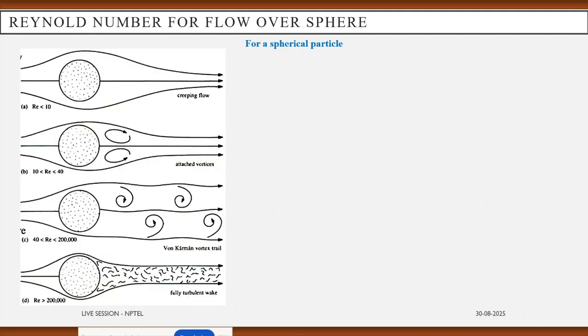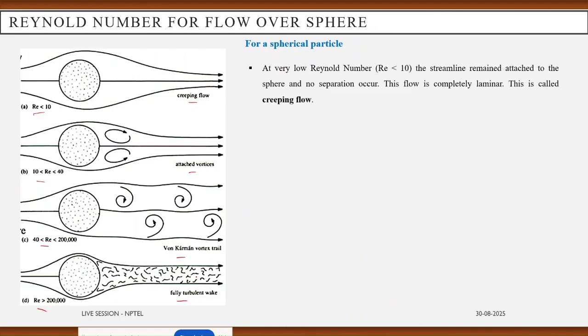Next, we are going to understand the Reynolds number for different flow regimes over the sphere. Suppose we have different Reynolds number categories, and from there you can see that it starts creating vortices, and then it turns into a fully turbulent wake flow.